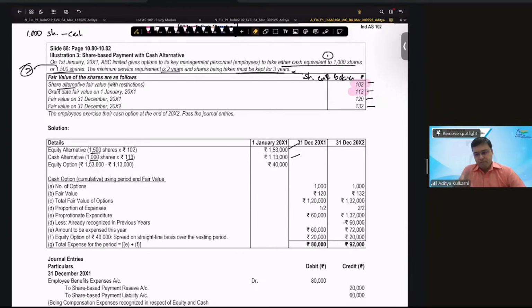Sanjay is working for another company which gives him a stock appreciation right of 113 on the same conditions as Ayush, but Sanjay is also given an alternative to surrender the cash and in its place get equity. Is Sanjay getting something more valuable than Ayush, less valuable, or the same?